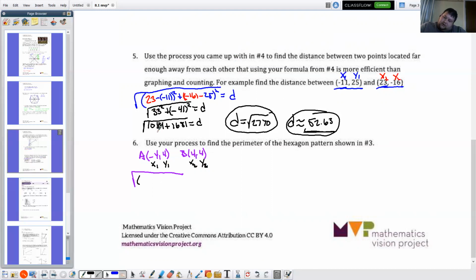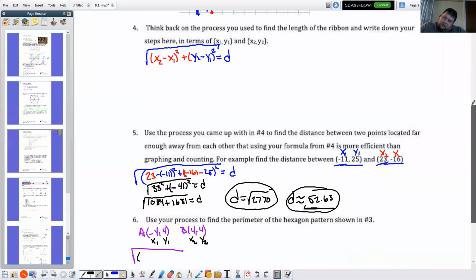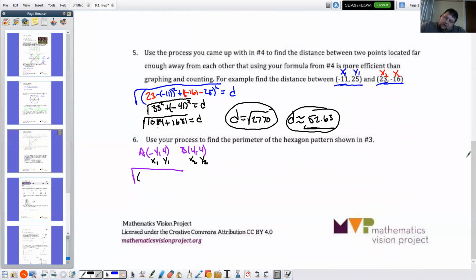So we're going to use the square root of x2 minus x1 squared plus y2 minus y1 squared. Okay, so we're going to find our distance that way.